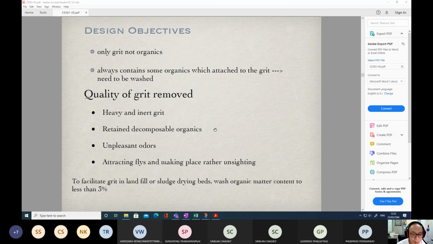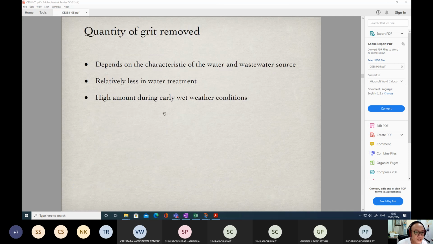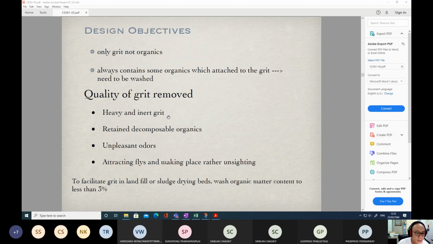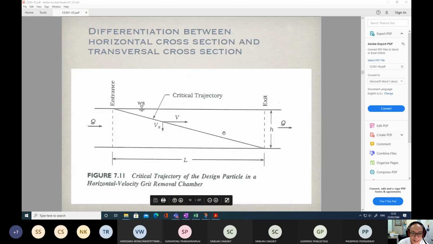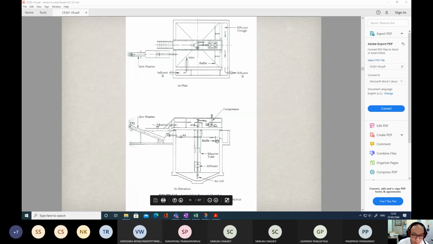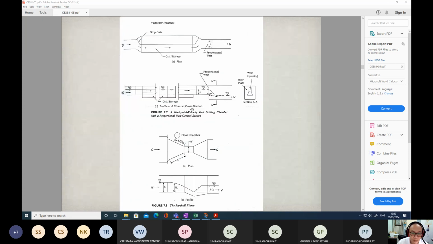And the thing we need to pay attention to is how we handle the grid chamber, because at the end, just like the screen, we have to clean the screen regularly. For the grid chamber, it's also the same. Grid accumulated at the bottom of the grid storage, we need to remove it regularly. Otherwise, it may cause some kind of degradation and a smell will come if we don't handle it properly.